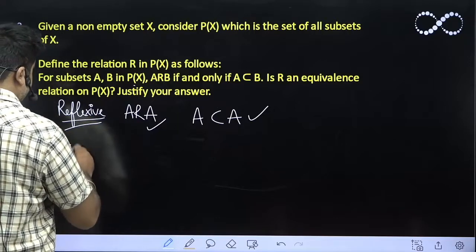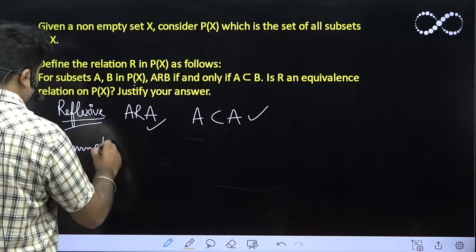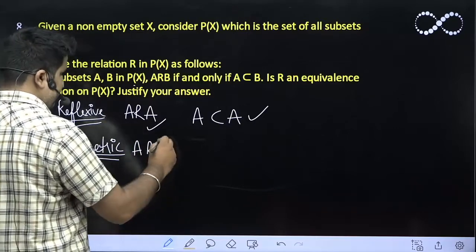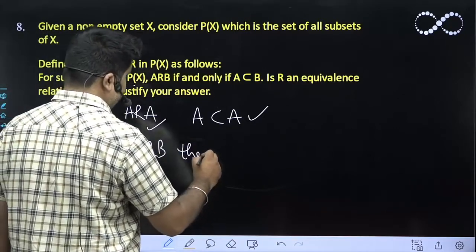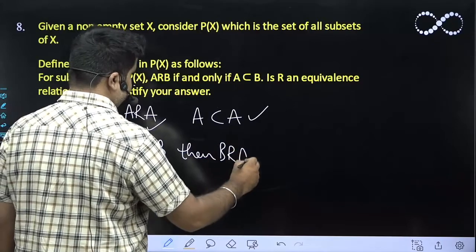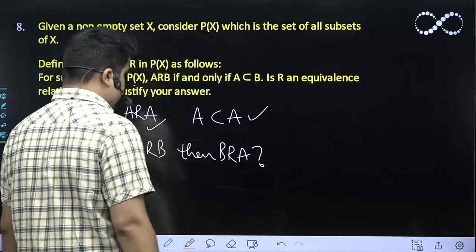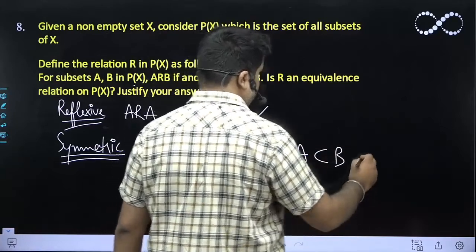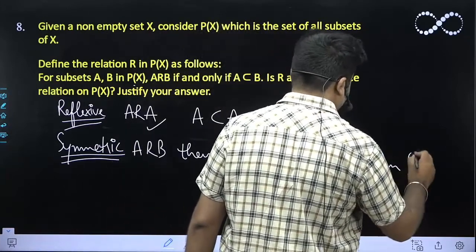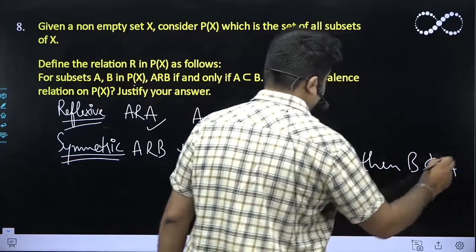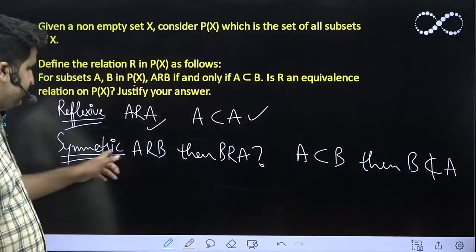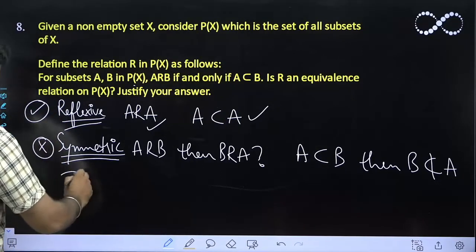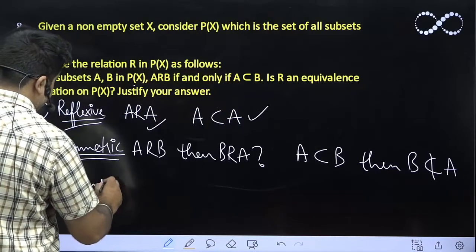Now we'll have to check for symmetric. If A R B, then is B R A possible? See, if A R B, then A is a subset of B. Then B cannot be a subset of A. Right? So therefore this relation is not symmetric. Last, we'll check for transitive.